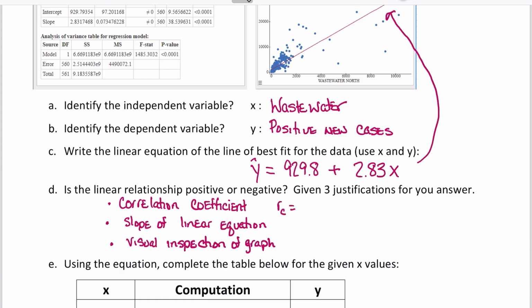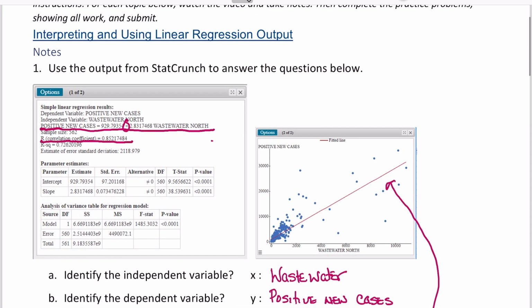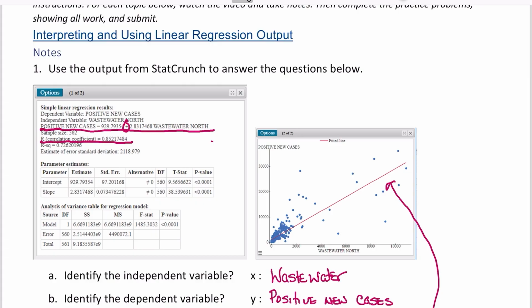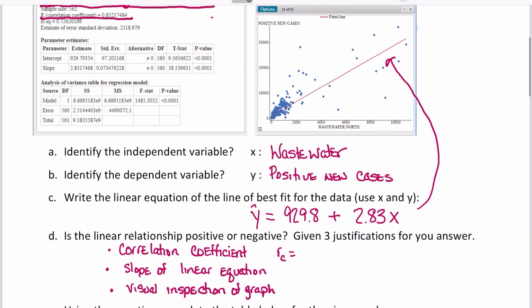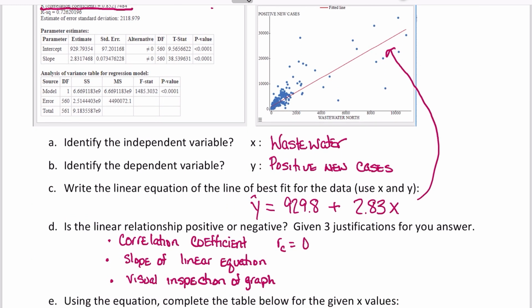I know that in your output, it's a capital R. The linear correlation coefficient is almost always identified as a lowercase r. So I'm going to call it a lowercase r instead. So I'm calling it lowercase r with a subscript of C is 0.85217. Okay.